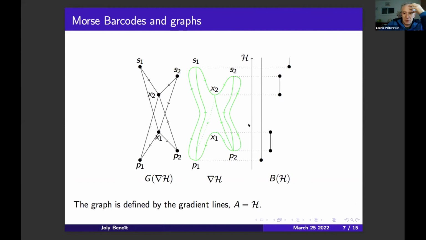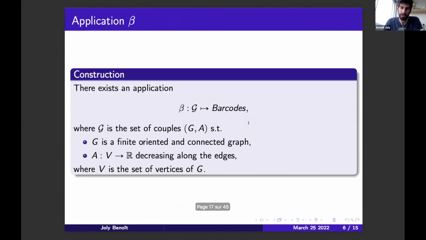Actually, it just comes from the definition of this application, because what I do is I have a graph with a filtration, and I filter the graph, and I'm just looking at the connected components of the graph.